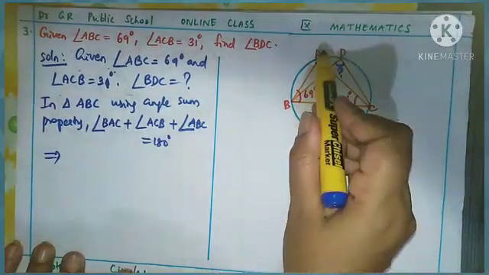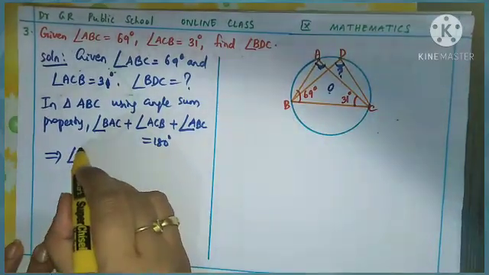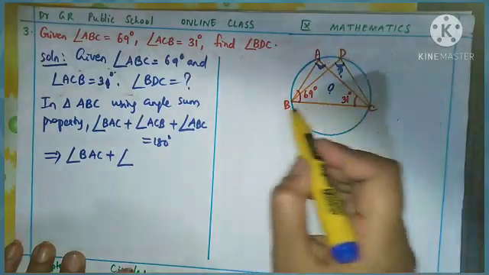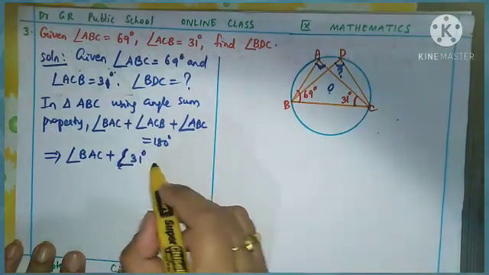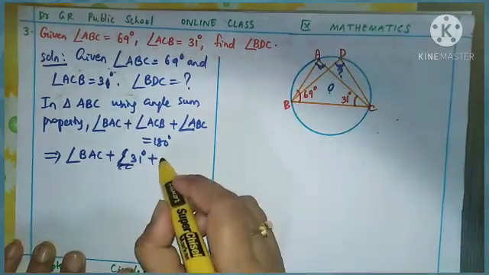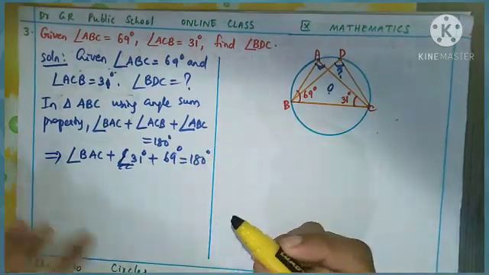We know the values of ABC and ACB. So angle BAC plus ACB, which is 31 degrees, plus ABC, which is 69 degrees, equals 180 degrees.